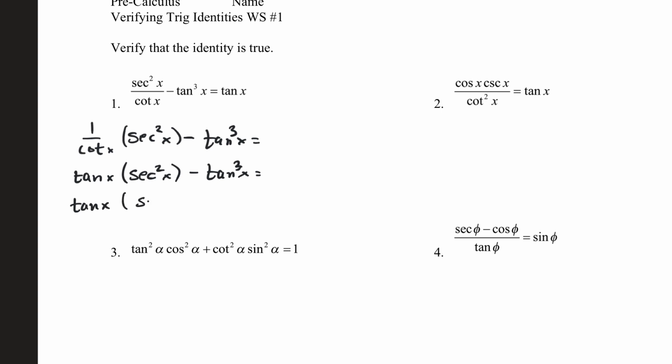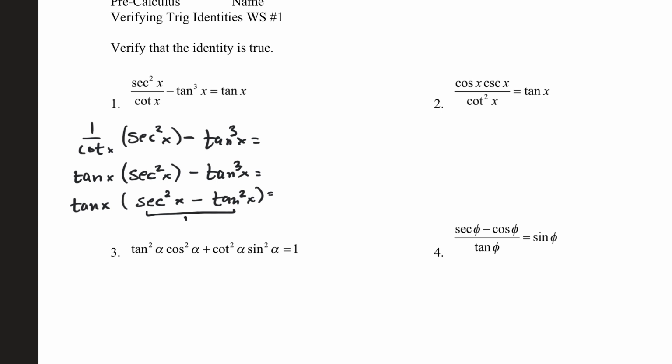That leaves behind secant squared x minus tangent squared x. I've taken one of the tangents from here and brought it out front, and taken this tangent and brought it out front. If I multiply back like this, I end up getting this piece, so I know that I've done the factorization correctly. If you take a quick moment to check what this is equal to, if you look at your Pythagorean identities, you realize that it's equal to 1.